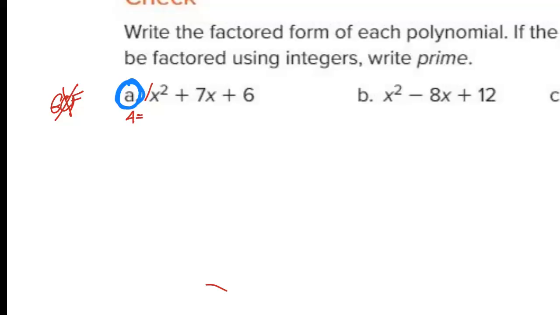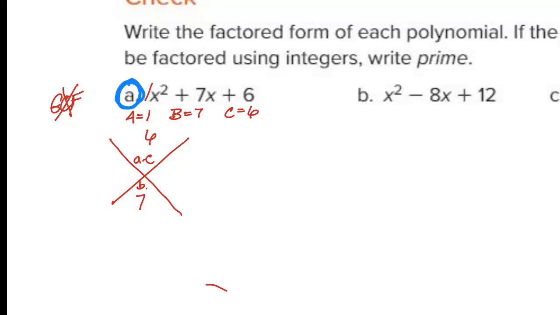So first off, I write my ABCs. A is 1, B is equal to 7, C is equal to 6. You don't have to do this eventually, but I think for now, sometimes it works for people. In the top part of my x, I'm going to have A times C. A times C is 6, and B is 7. That's my B value.